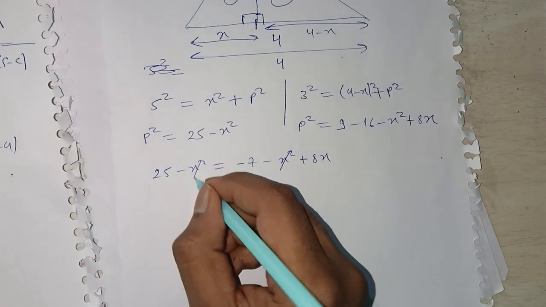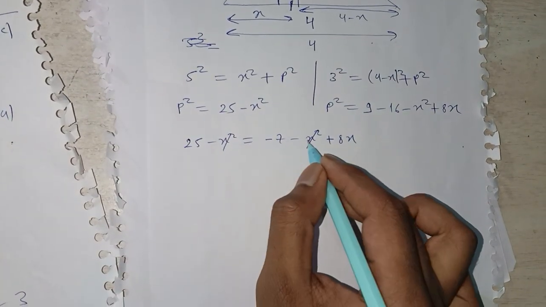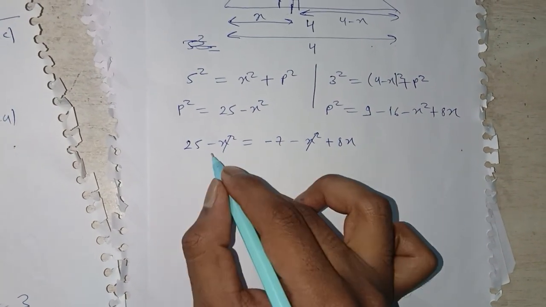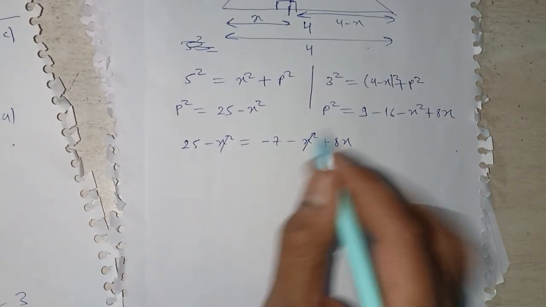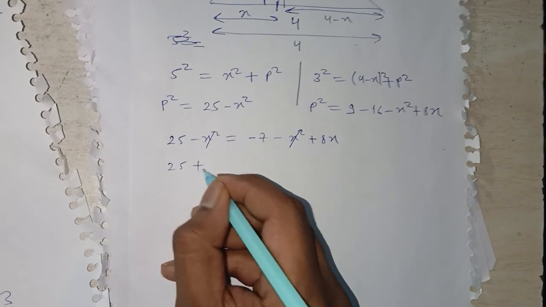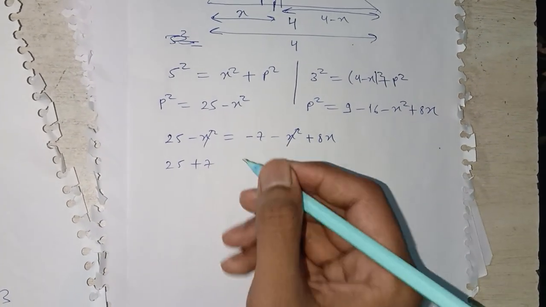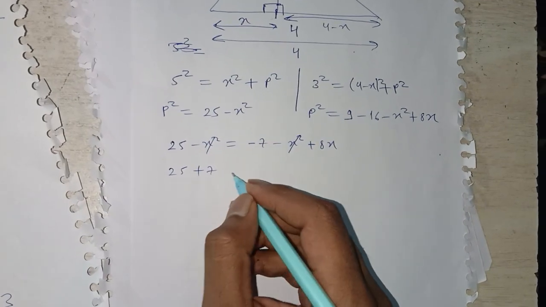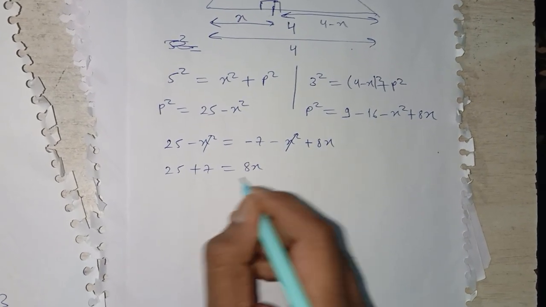This x square and this minus x square will cancel, because if I change the side of this x square, this will become plus x square and cancel out. Then 25 plus 7, because this is minus 7, and if I change the side, this will become plus 7, equal to 8x.